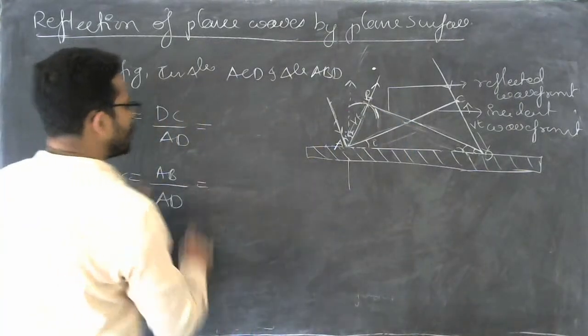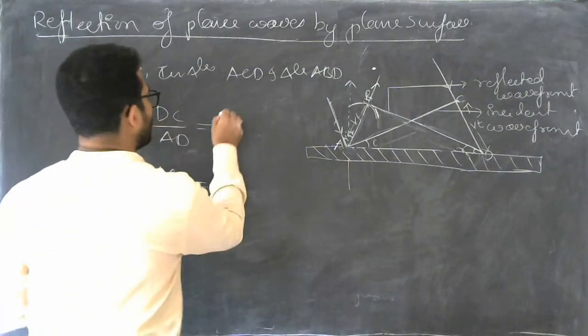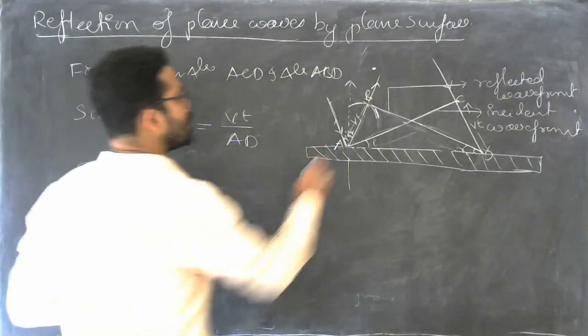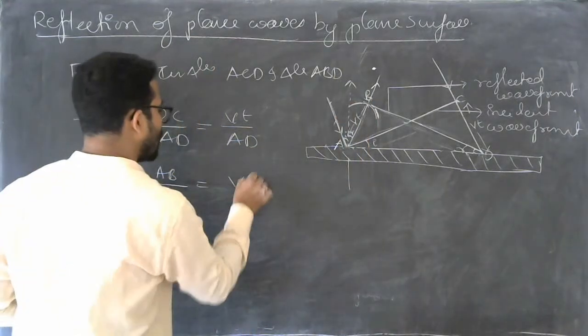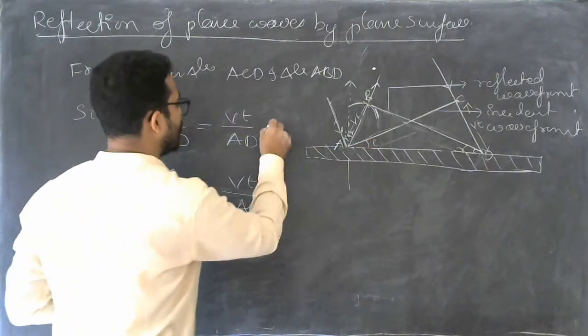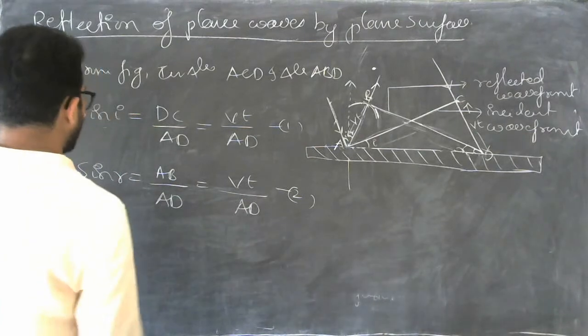Okay, let us write the values. Here CD means VT divided by AD, and here AB means VT divided by AD. AD is AD itself. These are equations 1 and 2.